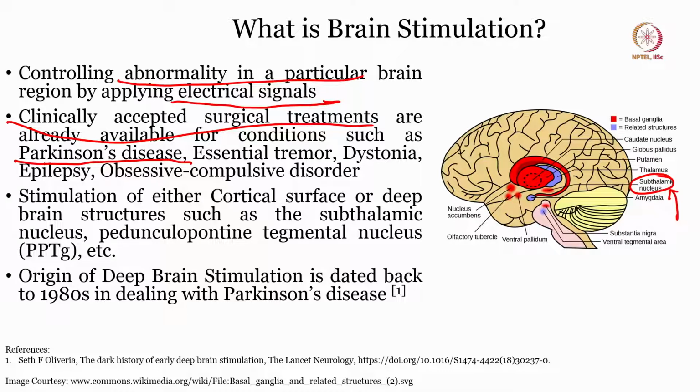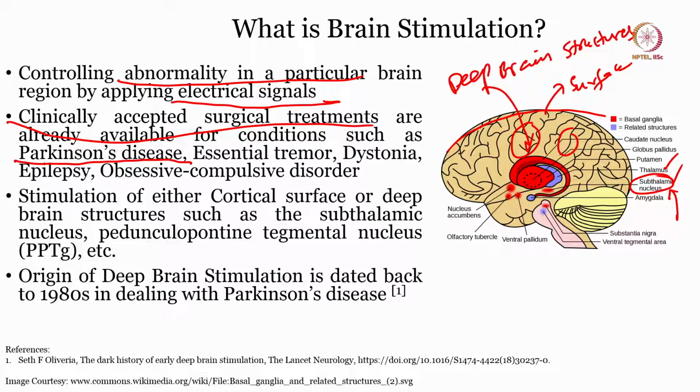If you look at the brain, this is the top surface, and deep inside are structures like the subthalamic nucleus, thalamus and others. These are called deep brain structures. Let us understand deep brain structures.